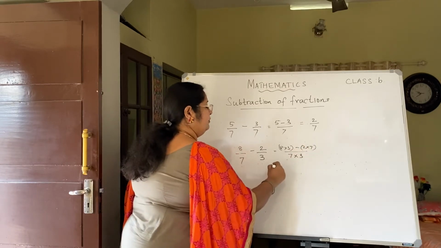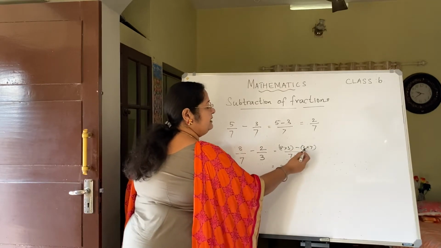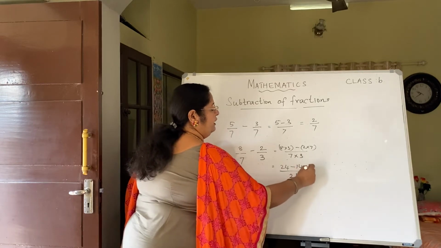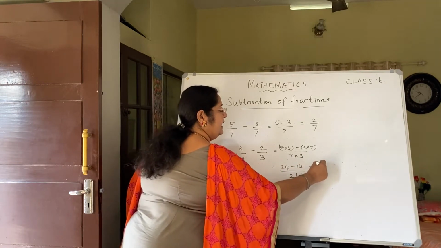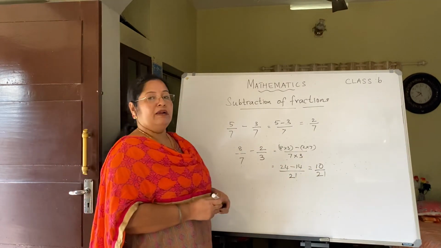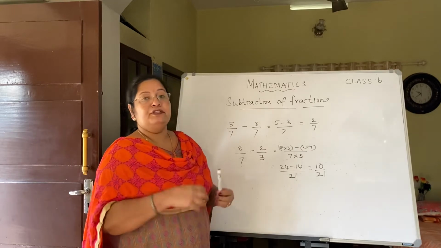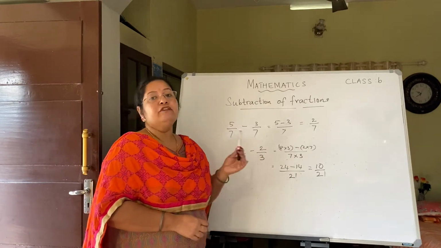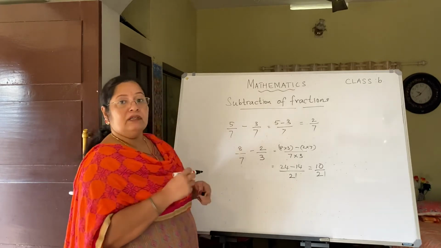So 8 into 3 is 24 minus 2 into 7, 14, by 7 into 3, 21. 24 minus 14 is 10. 10 by 21. So 10 by 21 is the required fraction. If it is not in the reduced or simplified form, you can simplify it further.